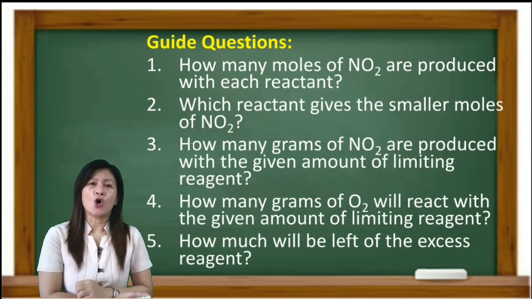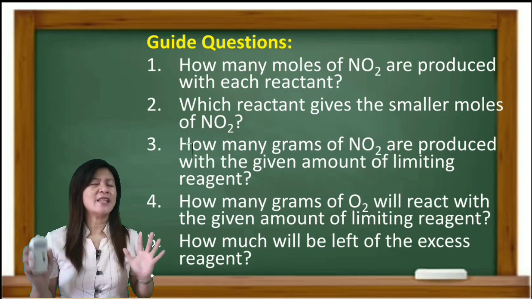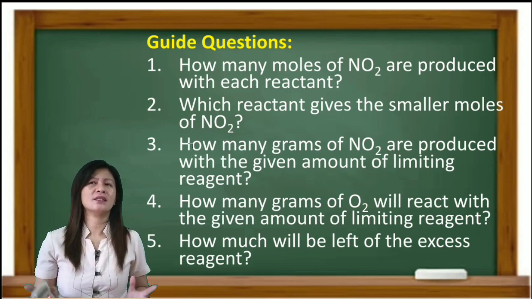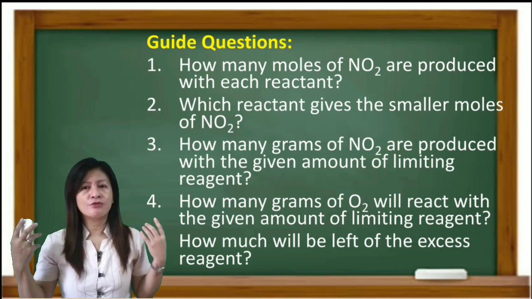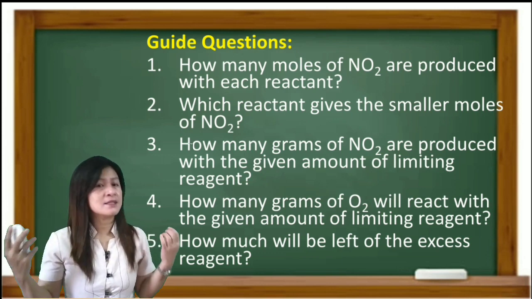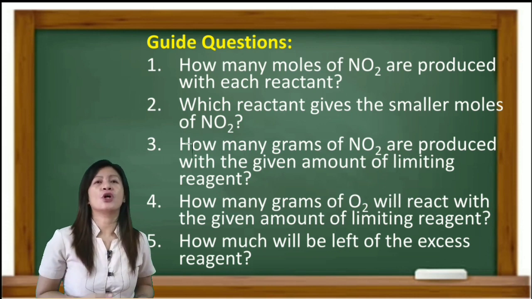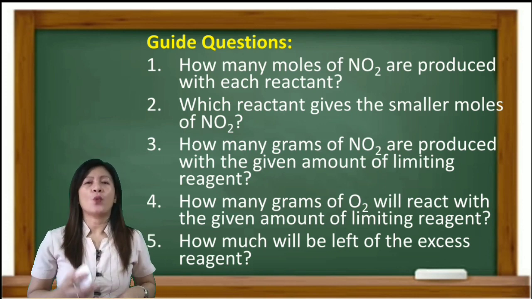As guide questions, to analyze and identify the limiting and excess reagent and determine the amounts produced, and the amount of the excess reagent left after the reaction, let's be guided by the following questions.